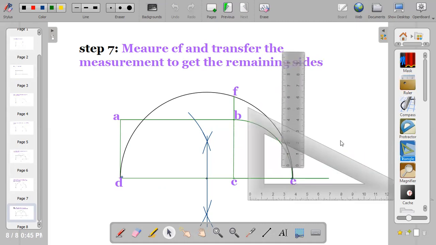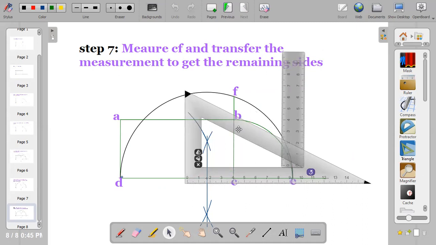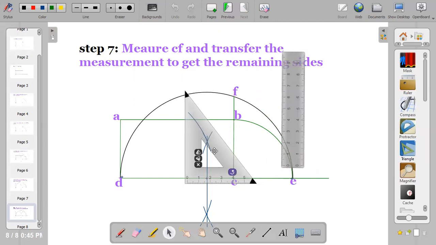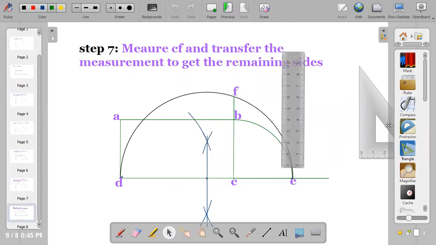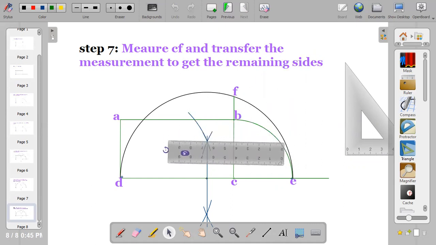So the next thing is to complete the square. You can complete the square using the given measurement. So now I have 7.05. I'm going to transfer the measurement to the base.